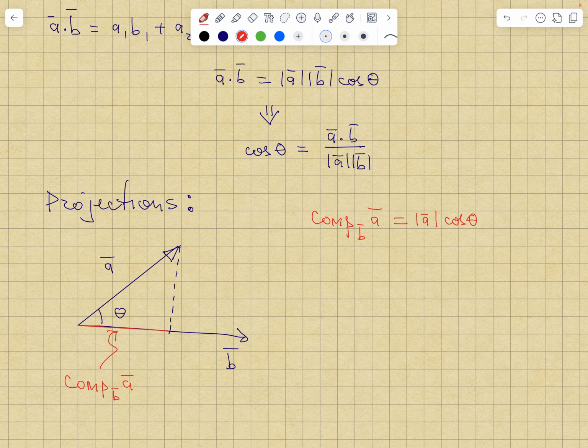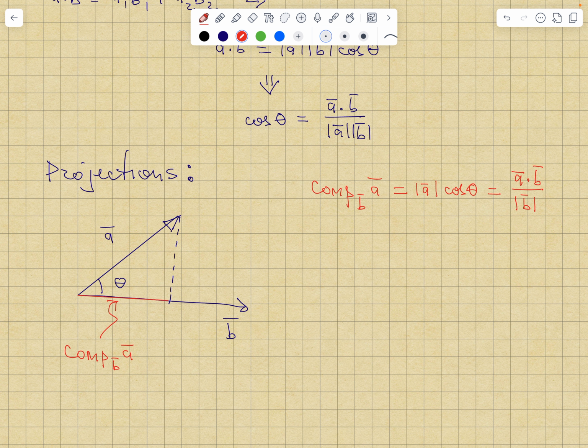So this would be the same thing as A dot B divided by the magnitude of B. And I can also interpret this expression as A dot B over magnitude of B, which, as you recall, is a unit vector in the direction of B. So the component of A along B, or the length of the projection of A onto B, is given by this expression here.